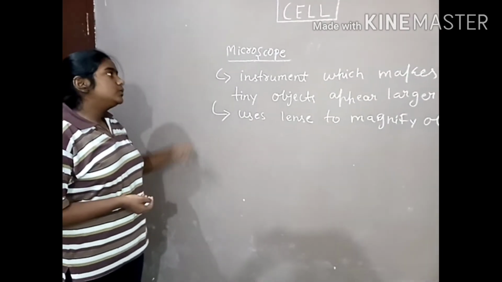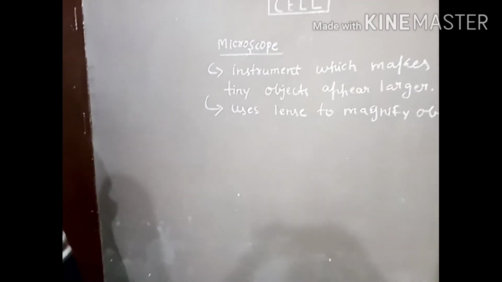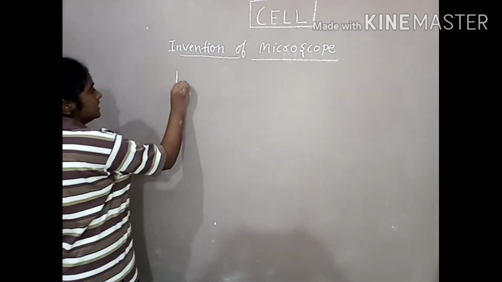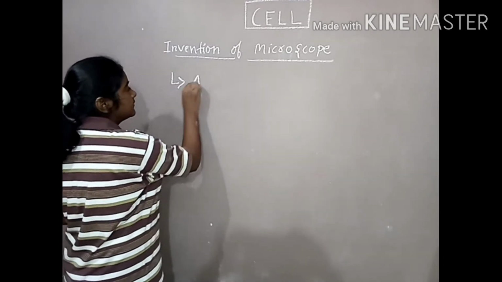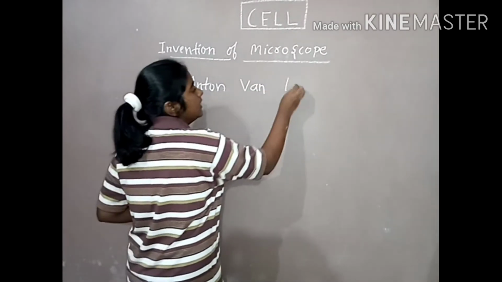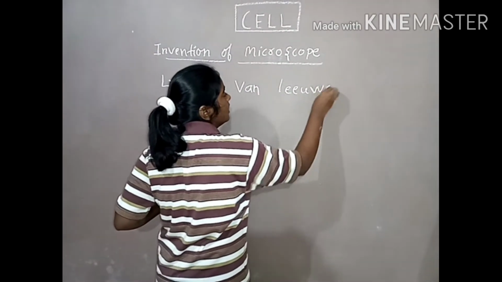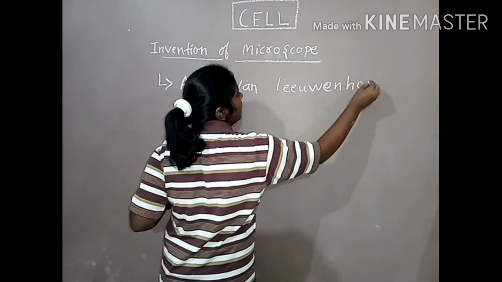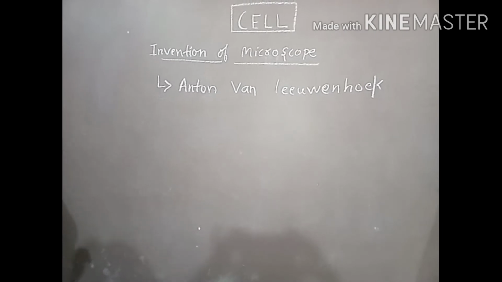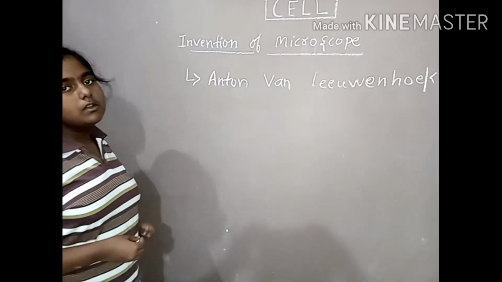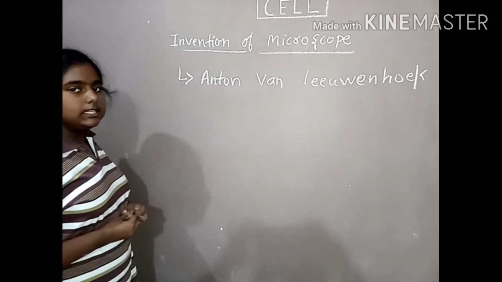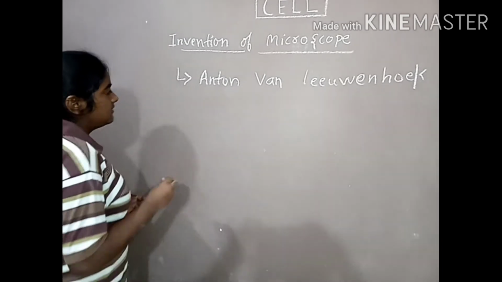Now let's study who invented the microscope. Invention of microscope. The microscope was first invented by a scientist named Anton van Leeuwenhoek. The microscope invented by Anton van Leeuwenhoek was a simple microscope because it contains only a single lens, means only one lens.